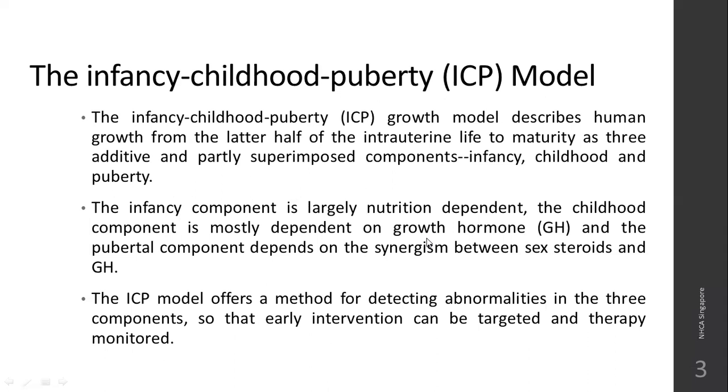Either the child is not well nourished, or the child is not producing a good amount of growth hormone, or the child is not producing enough sex steroids. It could be any of the given situations. So it can be detected as early as possible, and nutritional therapy can be given.